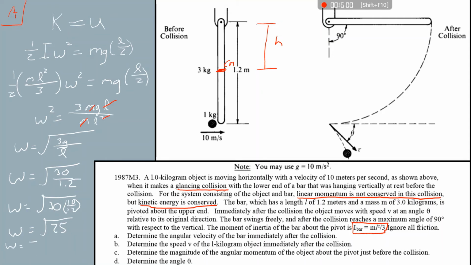Okay, what are our units? Radians per second. Okay, cool. Any questions on A? No. Okay, I kind of confused myself there with the 1.2 versus the 0.6, but we're looking good.